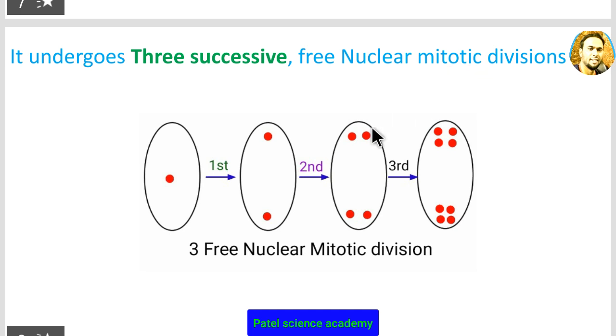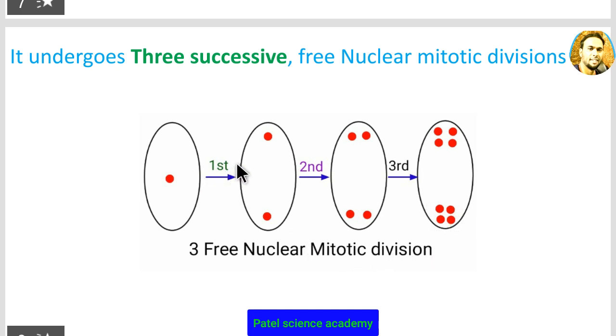So this one cell will first divide by mitosis into two cells. This two cell structure will undergo the second mitotic division and convert into 4 cells, and the 4 cell structure, by the third mitosis, will become the 8 cell structure. Now this 8 cell structure is called the embryo sac.